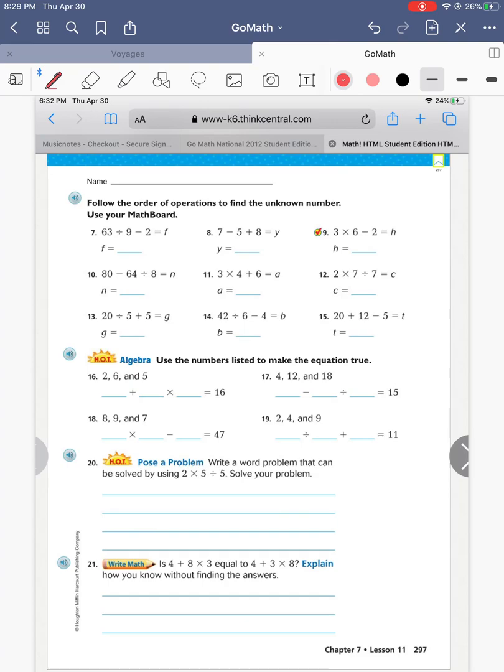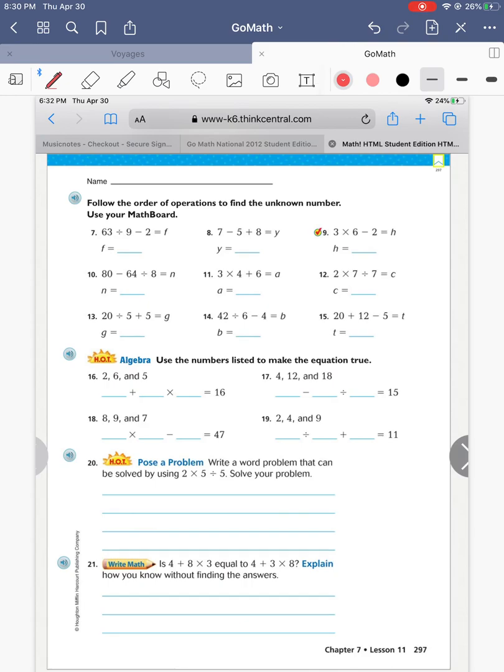Now, on this page, it needs you to do the order of operations and come up with the missing letter. So, I'll do the first three with you, so 7, 8, and 9. Then I want you to try 10, 11, 12, 13, 14, 15 by yourself, and then check it with me. And then we'll do the next ones. Okay?